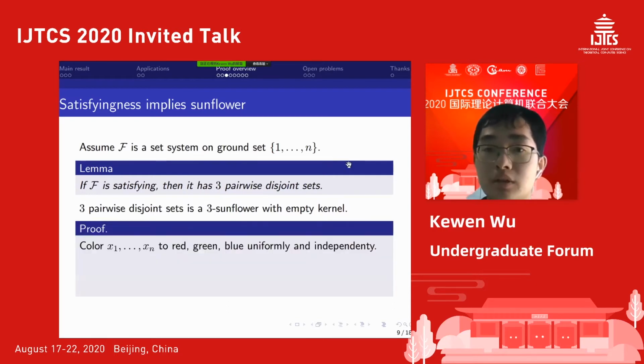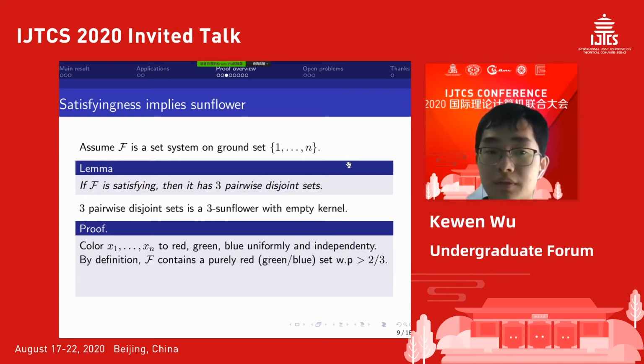The proof is actually simple. So first, we color x1, x2 up to xn red, green, and blue uniformly and independently. Then, by the definition of satisfying set system, this F will contain a purely red set with probability greater than 2/3.